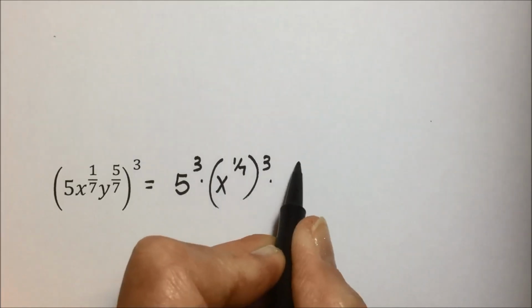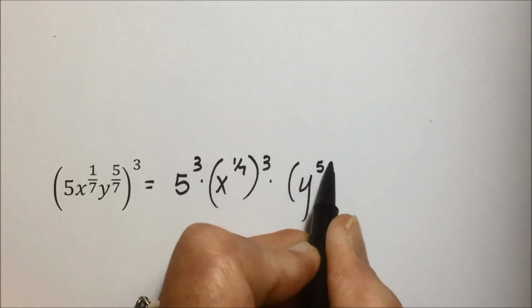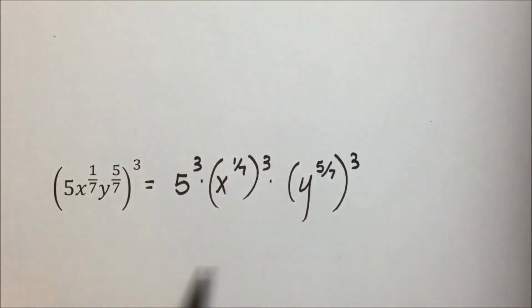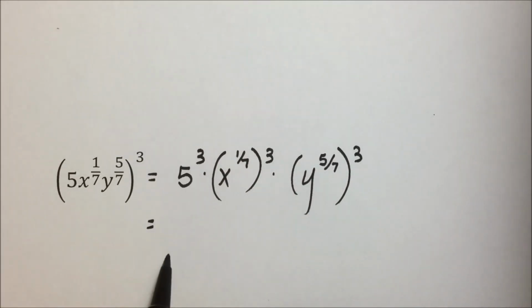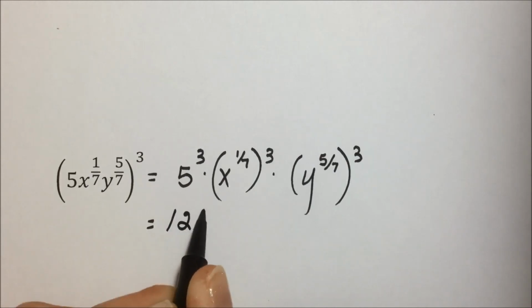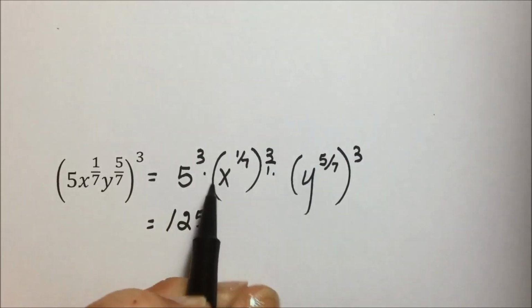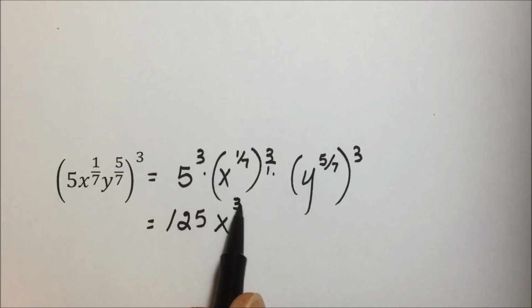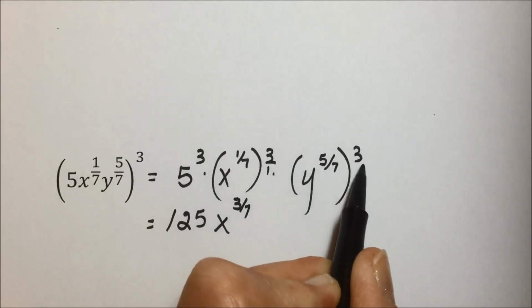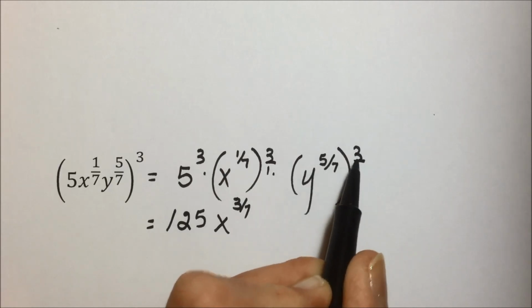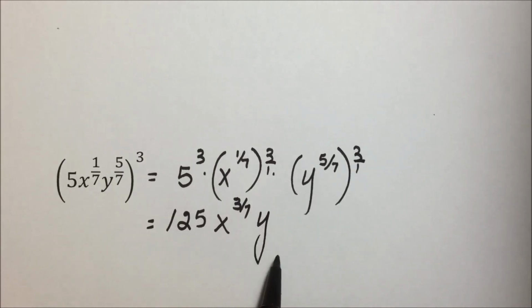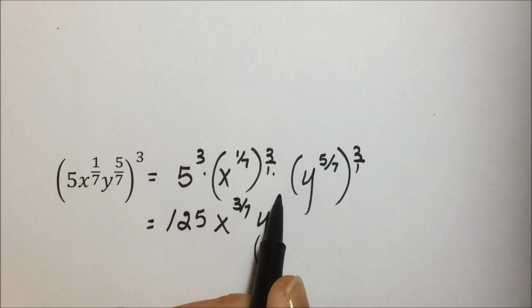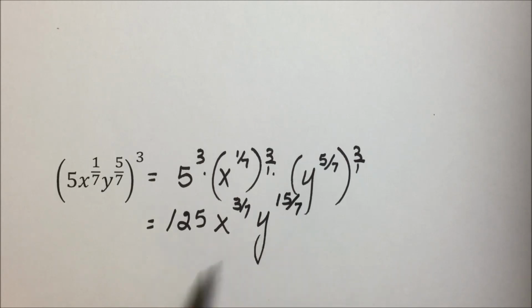And furthermore, y to the 5/7 is raised to the third power. 5 to the third power is 125. 3 has a denominator of 1. 1/7 times 3 leaves us with x to the 3/7. And again, 3 over 1, 5/7 times 3 is going to leave us with y to the 3 times 5, or 15/7, for the simplification of this problem.